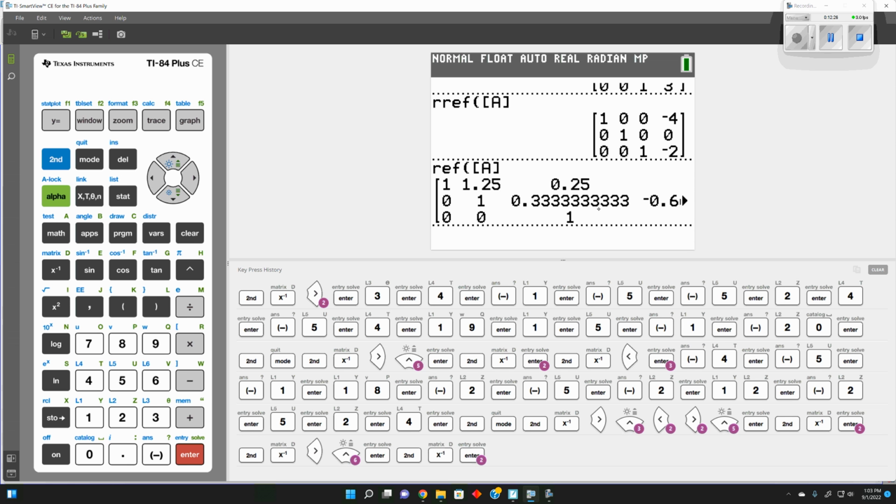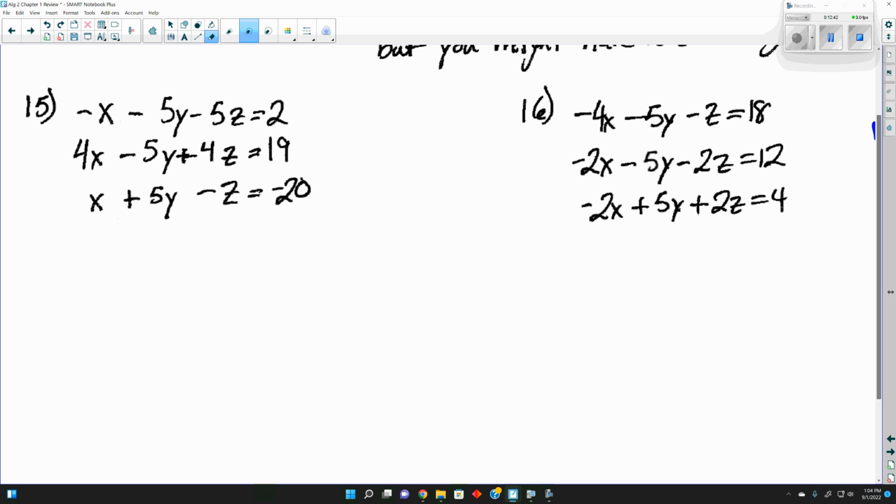So our RREF, reduced row echelon form, where it reduces our 1.25, 0.25, and our 1/3 here to 0, actually gives us the final answer. So -4, 0, -2. So -4, 0, -2. This here is the final answer. Question?